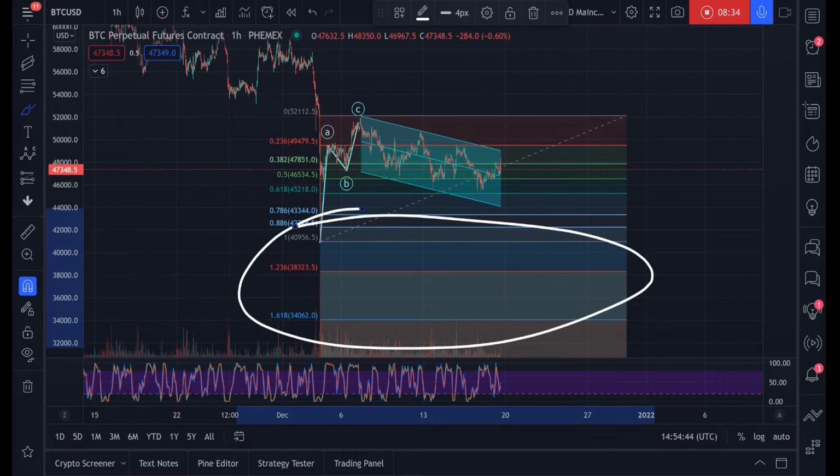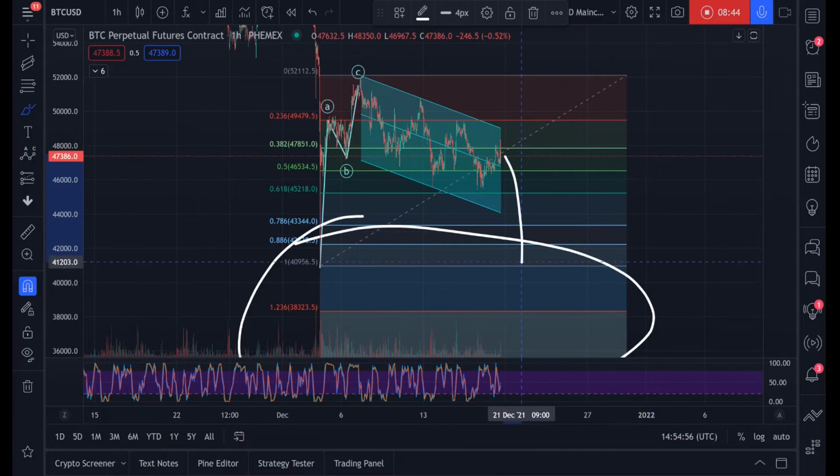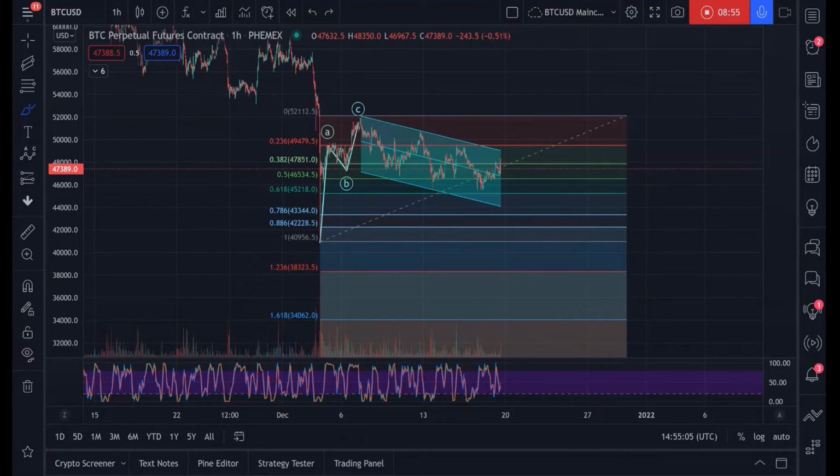Okay, so that's what you see most of the time in the market, the flat corrections. So if we breach 45,218, we're definitely coming down into this region, okay, for more downside before the C wave up.